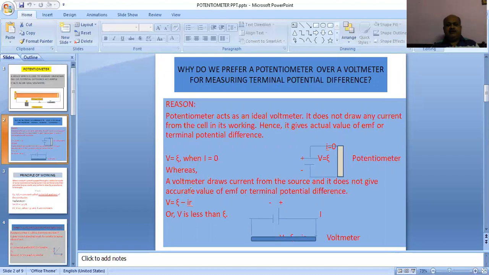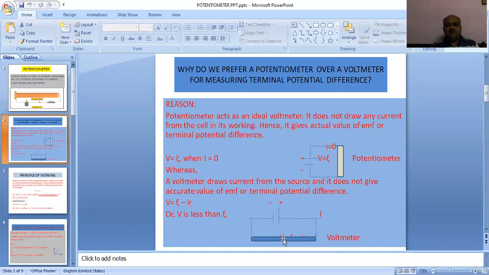Whereas a voltmeter draws current from the source and it does not give the accurate value of EMF or terminal potential difference. Here I have taken the same source. Here I have connected a voltmeter. Voltmeter draws some current. I have shown here.